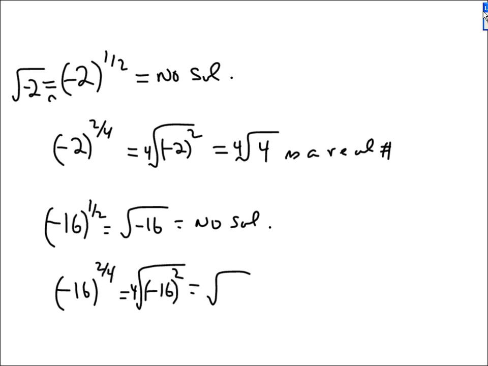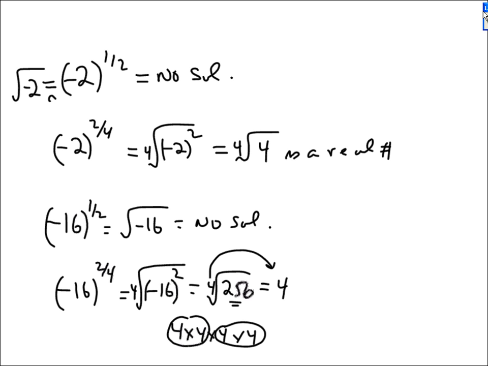Negative 16 squared is 256, which is 4th root of 256. It's a coincidence that those numbers are the same. For what times itself 4 times gives me 256? 4. So these are not equal. Because the top one gave me no solution, the bottom one gives me 4.